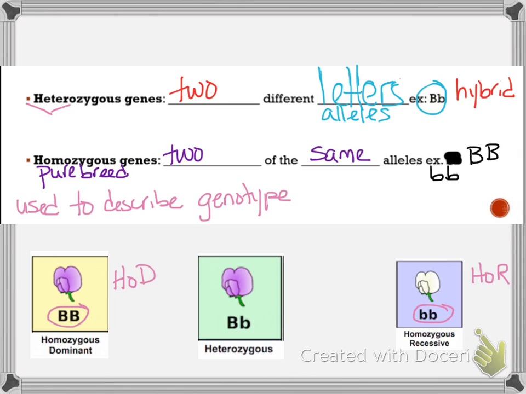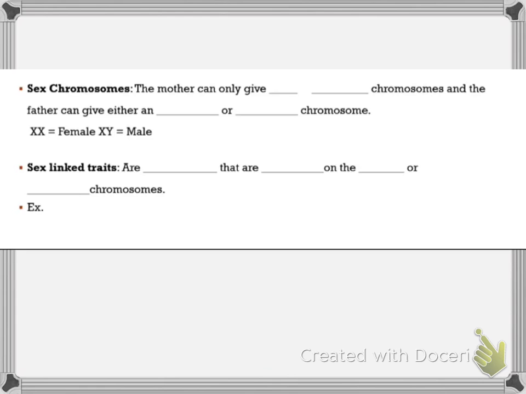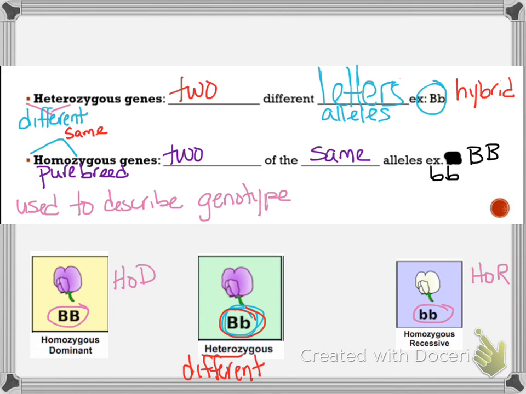And back when we talked about words, we know that hetero is different. So, and we said homo was same already, and that heterozygous letters means different cased letters. That tells the genotype. These letters tell the genotype.